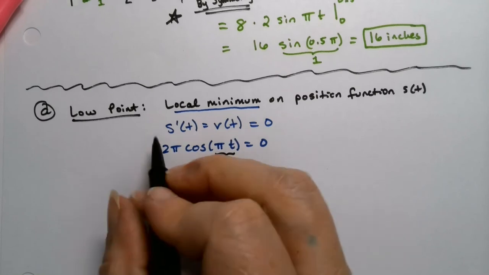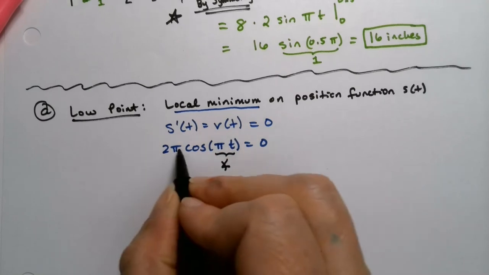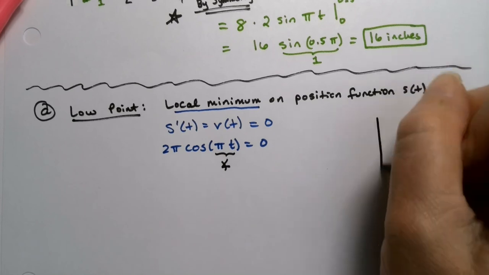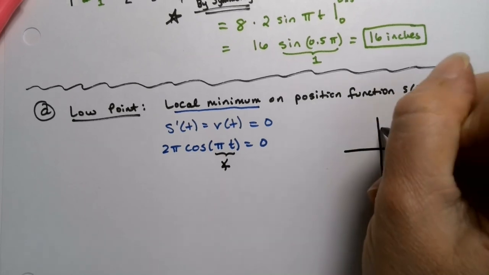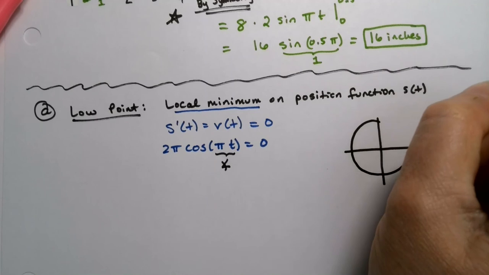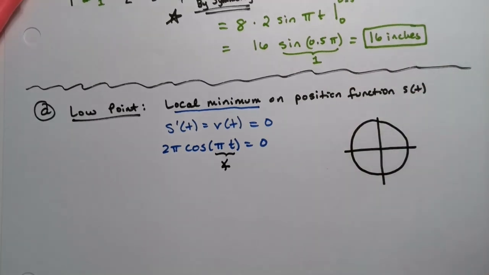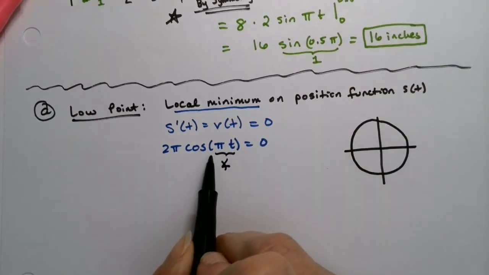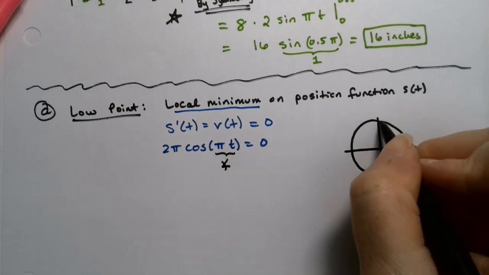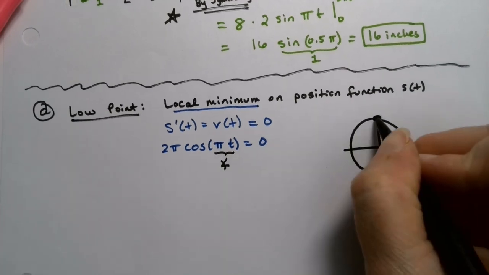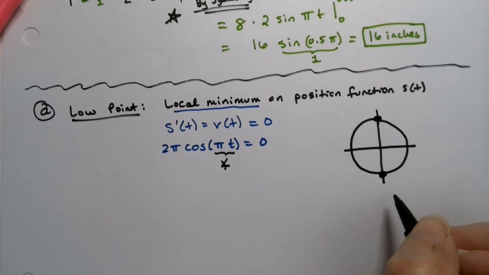Because basically it means the cosine is going to be 0, because the 2 pi has nothing to do with it. So what angles on a unit circle, oh, I should have drawn the circle first before I drew the grid. Sorry about that. What angles have cosine equal to 0? Where's the cosine 0? Well, it's 0 here and it's 0 here, at the top of the circle and the bottom of the circle.